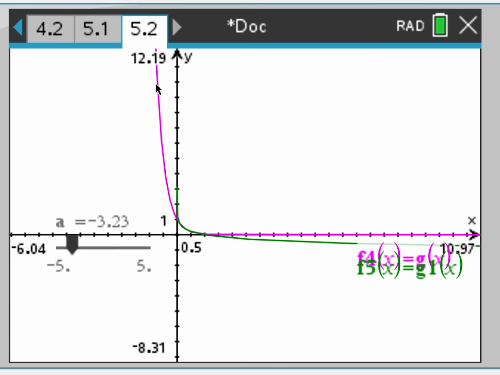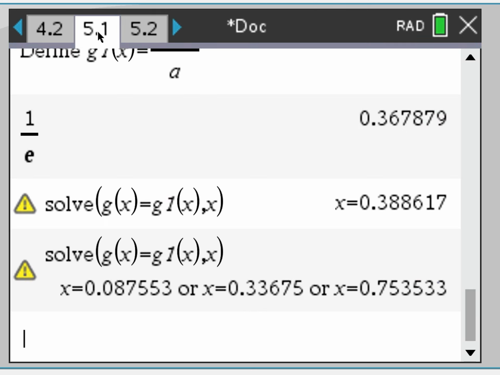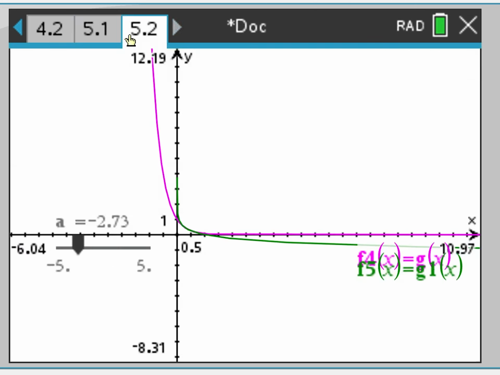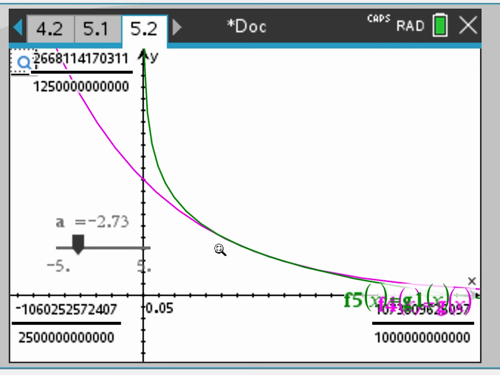Okay, now there are 3. Let's make it bigger again. So -2.73, let's see. 3. Let me zoom into this. Oh, it literally has 3 intercepts, but it's just touching.